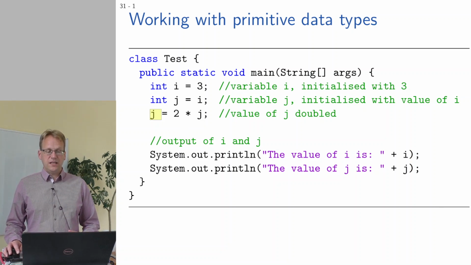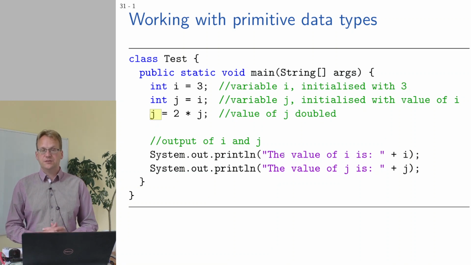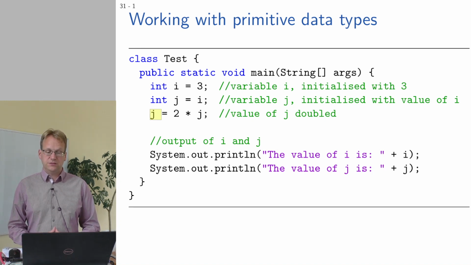And what we do next is simply that we output the current value in i and in j. And of course you may ask yourself, first of all, what output would you expect in this situation? Well, this is maybe not a difficult question actually.